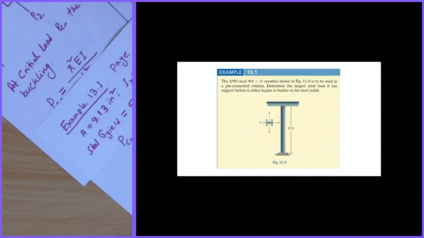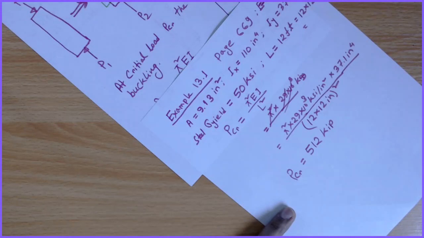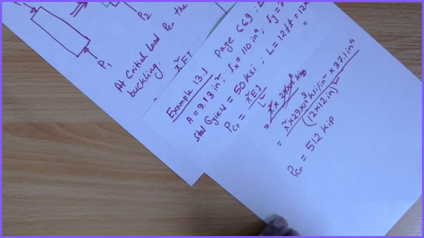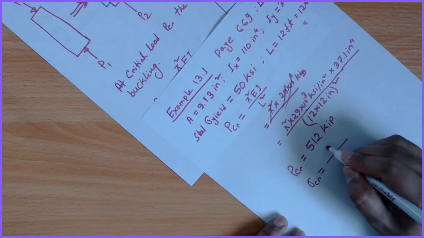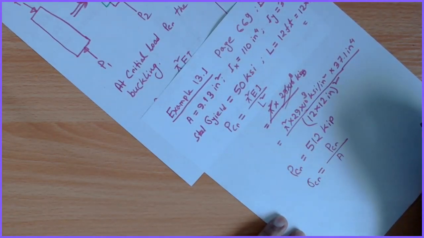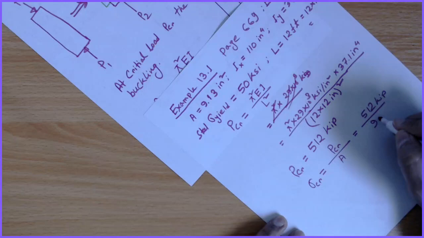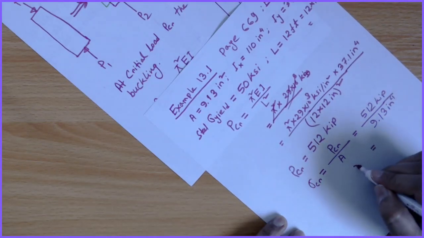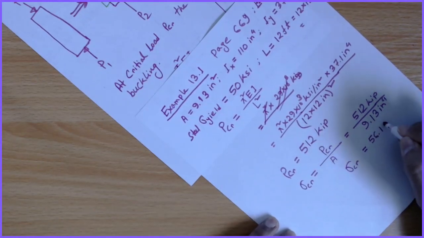Now the critical stress is the critical load divided by area: 512 kip divided by 9.13 inch square, which equals 56.1 ksi.